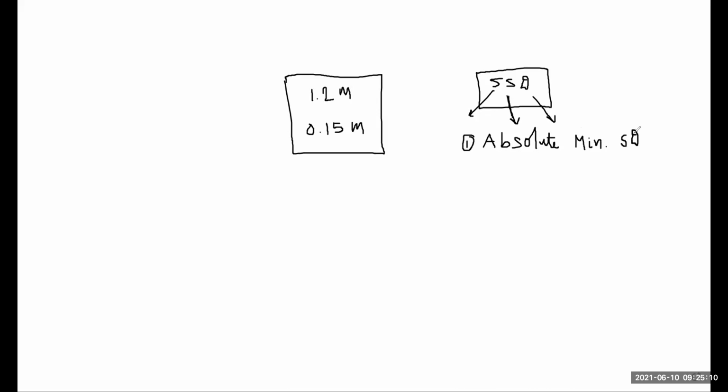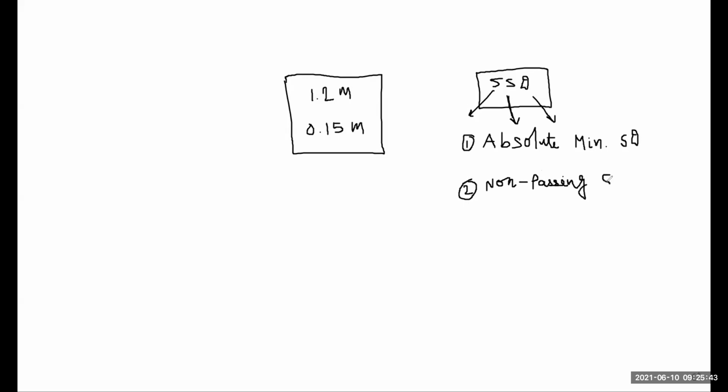Second one is non-passing sight distance. We have no option available to overtake in this sight distance. So basically this sight distance is also termed non-passing sight distance.